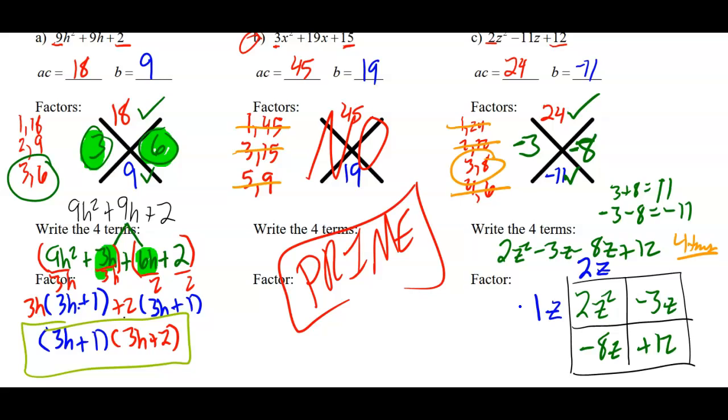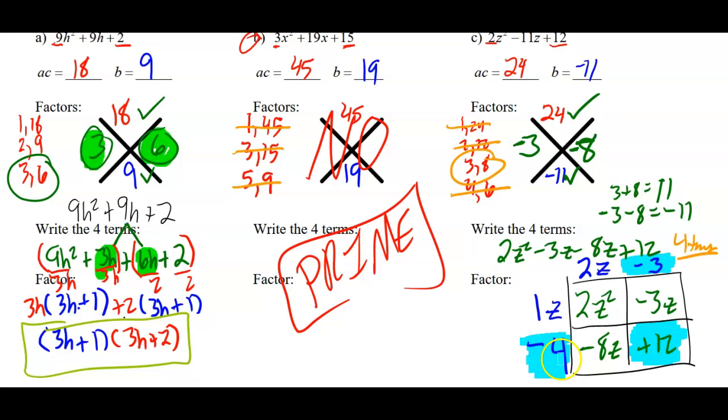So 1 times negative 3 is negative 3. That works. 2 times something is negative 8. So that is going to be negative 4. Okay. And then what's my last thing? Is that negative 4 on the bottom and negative 3 on the right need to multiply to positive 12.